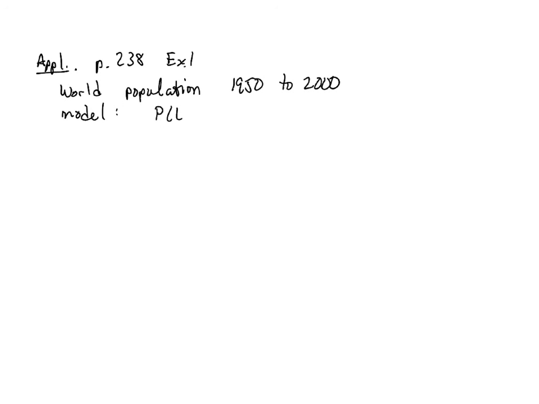That model is an exponential model, and we found it to be P of t is 2,560 times e to the following exponent, 0.017185 t.